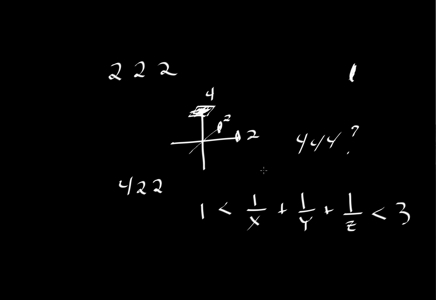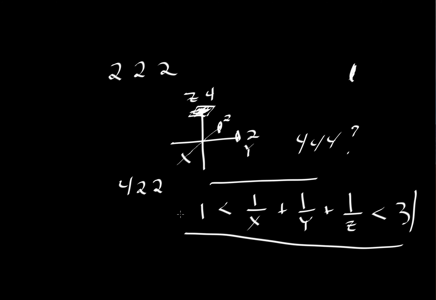So x could be, and it doesn't matter how we take it, the one in front here. We can let the left to right be y, and then we can let the vertical be z. Any trio that satisfies this relationship here, which comes out of spherical geometry, would be a compatible trio.